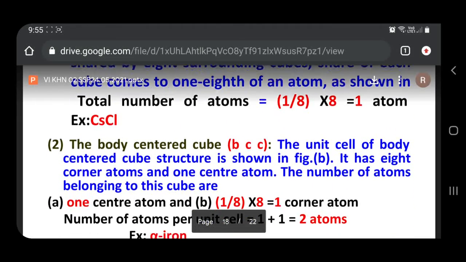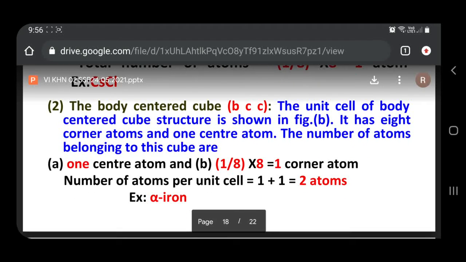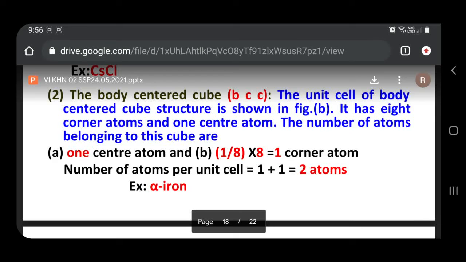Similarly, how many lattice points are there per unit cell as far as a body centered cube is concerned, in case of a BCC? Just recall the diagram. Along with the 8 corners, you have the presence of one lattice point at the center of the cube. So it has 8 corner atoms and one centrally placed lattice point or atom. So two types are there.